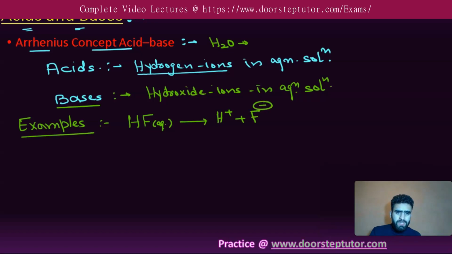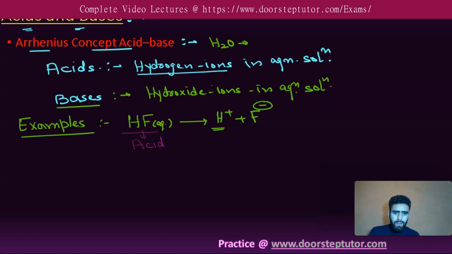Since in aqueous solution we are getting H+ ions, according to the Arrhenius concept, any substance which gives hydrogen ion in aqueous solution will be an acid. So HF is an acid in aqueous solution, because it gave a proton when dissolved.